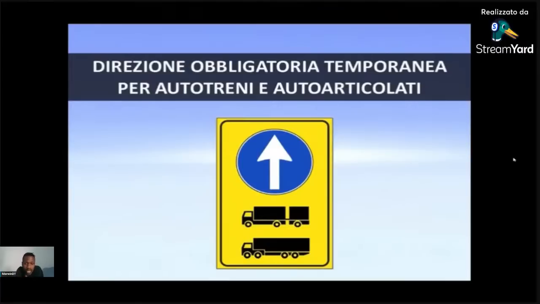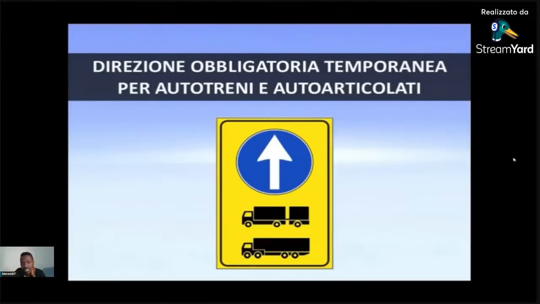Direzione obbligatoria temporanea per autotreni e autoarticolati. So now, it is an obligation. Why? Because we have the obligation sign attached with this sign.